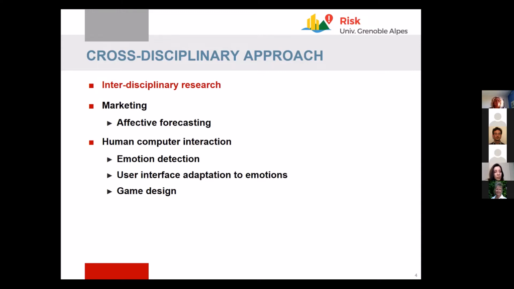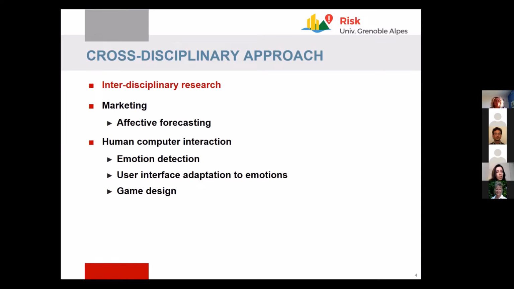And the second one, in human-computer interaction, we are looking into the different emotion detection methods. We can detect emotions using different sensors on the body. We can detect emotion using text. We can detect emotion using facial recognition.